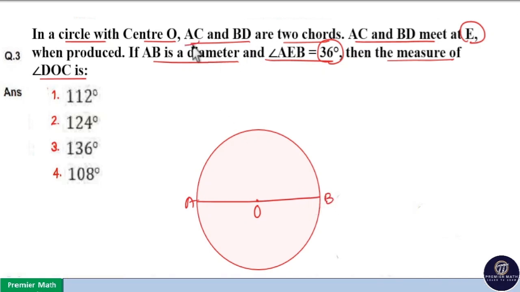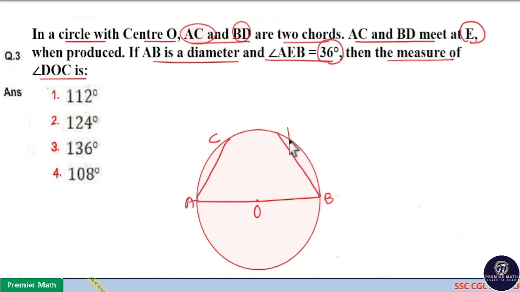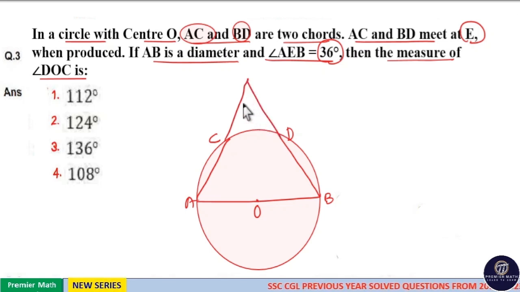Now, AC and BD are two chords which meet at point E. Now, consider this as chord AC and this as chord BD. Now, these two chords meet at point E, creating angle 36 degree with it. Now, we have to find what is angle DOC.